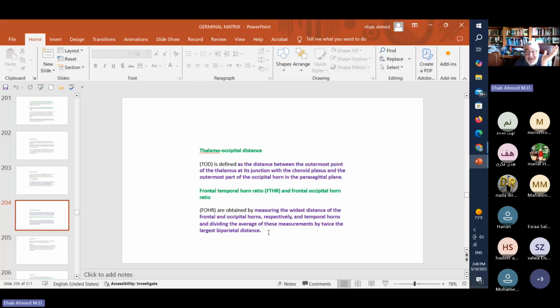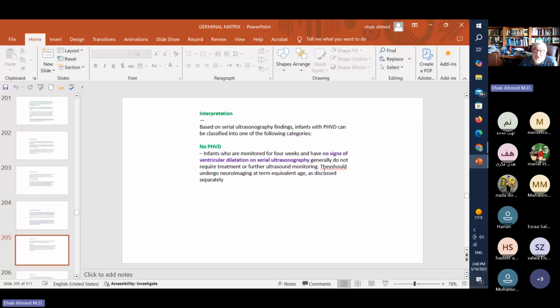It's a lot of math. If you need to do it, it's up to you, but they have three indices: ventricular index, thalamo-occipital distance, frontal temporal horn ratio, and frontal occipital horn ratio. And these are the guidelines you depend on to decide what you are going to do with PHVD.